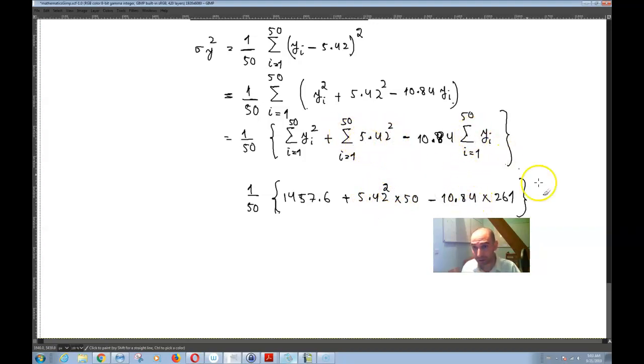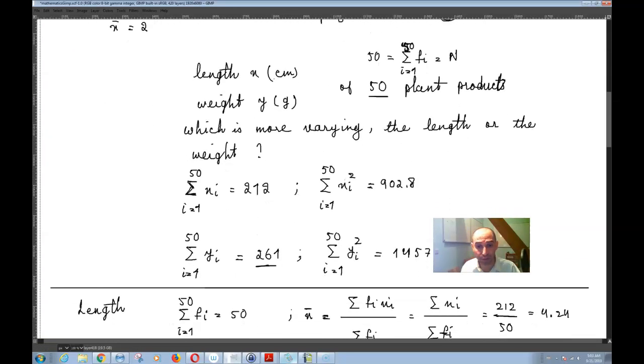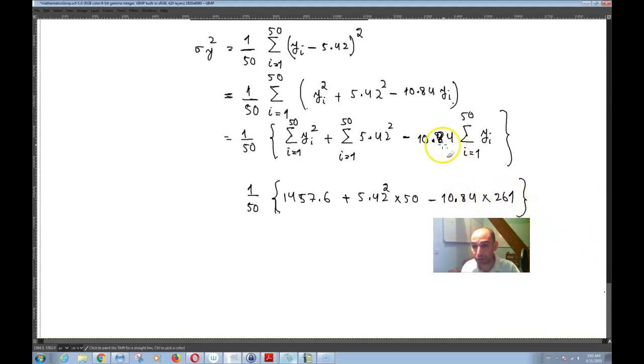And over here sigma y of i was equal to 261 times 10.84. Now we need to calculate these things.